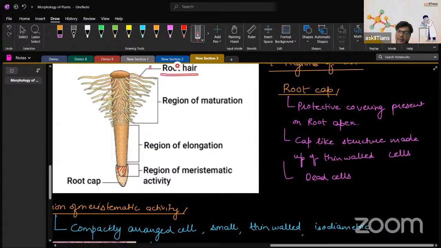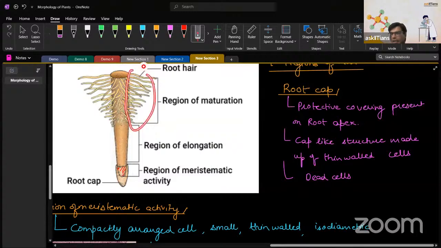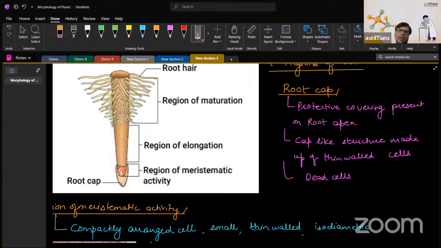As you can see, these are the root hairs, and they help in the absorption of water and minerals. The root hairs absorb, but this part is the thing that is going to anchor the plant to the soil. So these are the different regions.